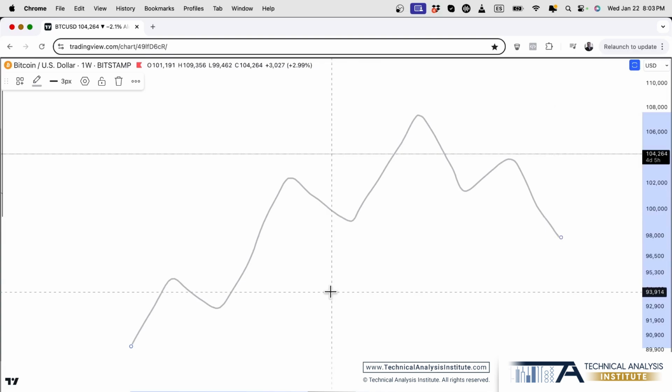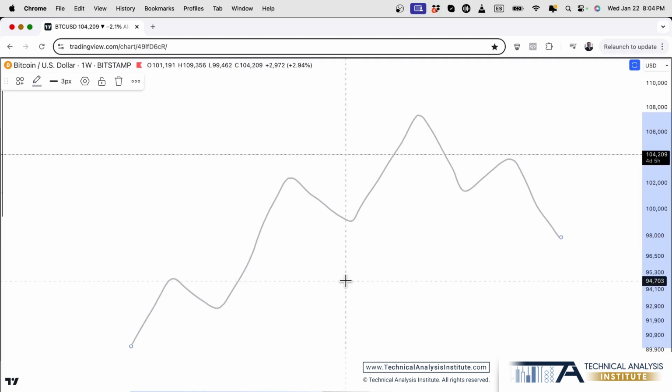One thing is that the trend moves in 5. The counter trend moves in 3. It also means that after 5 waves in one direction, we can expect 3 waves in the opposite direction.